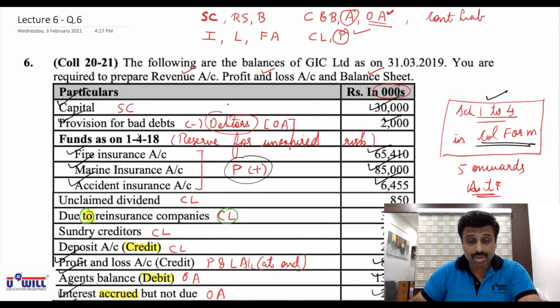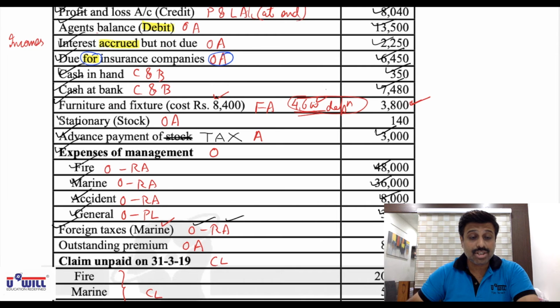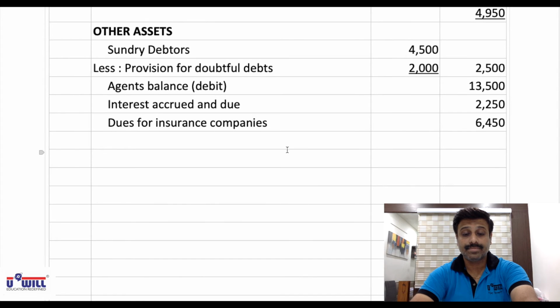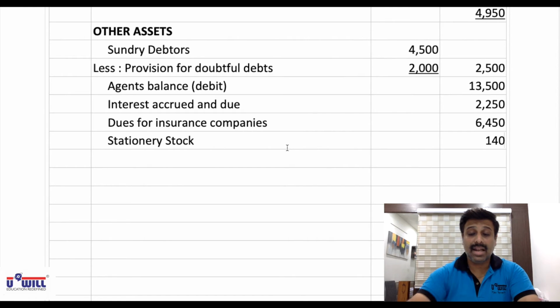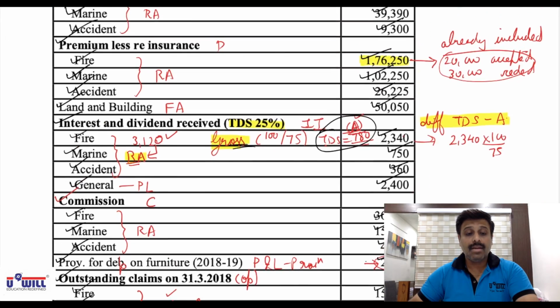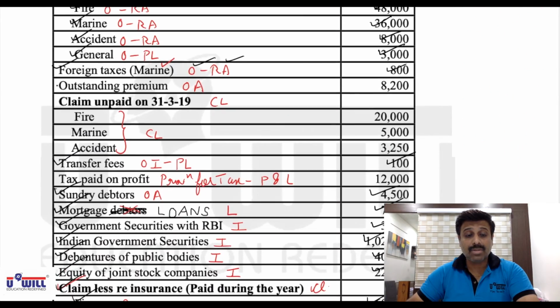Then after dues for insurance company, stationery stock 140. Then after stationery stock, what other item is marked as OA? Outstanding premium 8,200.